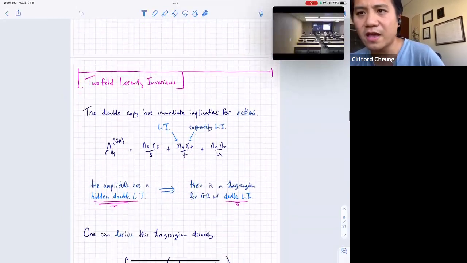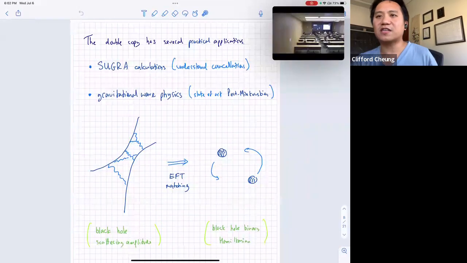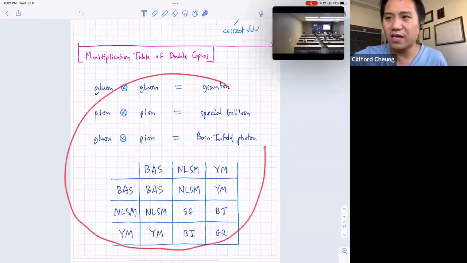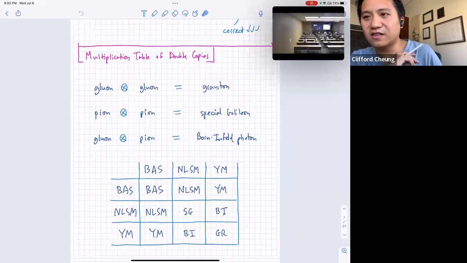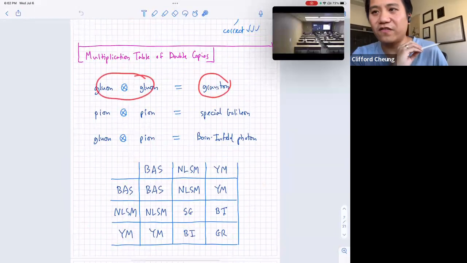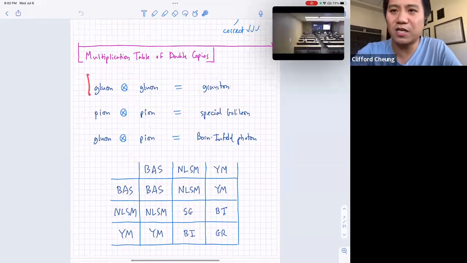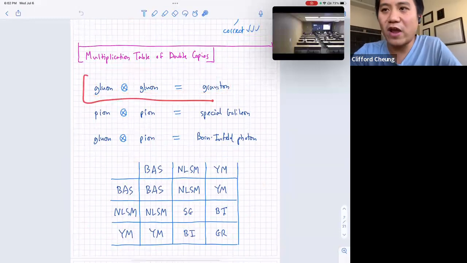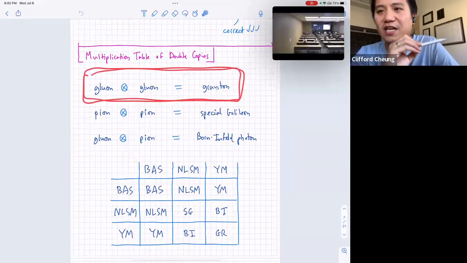It's a whole cute story, but let me move on to beyond practical, which is the underlying structure of this multiplication table, which I think, if you just know QFT, should be very strange. Why is gravity the square of gauge theory? Now, you might say, oh, this must be like Kaluza-Klein reduction, or maybe it's the fact that we have the tetrad Palatini formalism, where gravity is gauge theory.